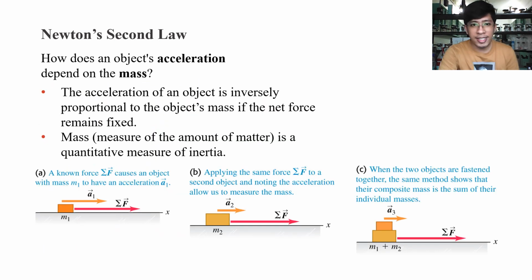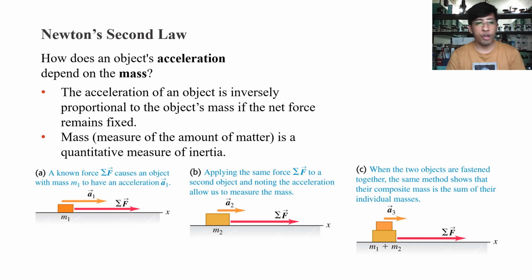Next, how does an object's acceleration depend on the mass? Earlier we looked at the relationship of an object's acceleration with the force. Now this time, we want to know how an object's acceleration depends on the mass. So we have a known force F which causes an object with mass m1 to have an acceleration a1, and we have another mass m2.